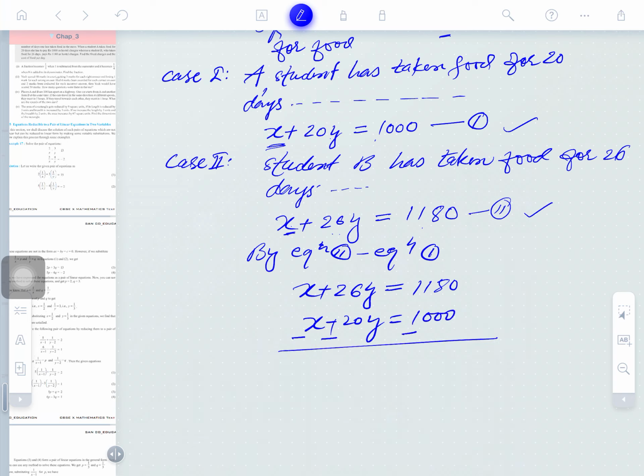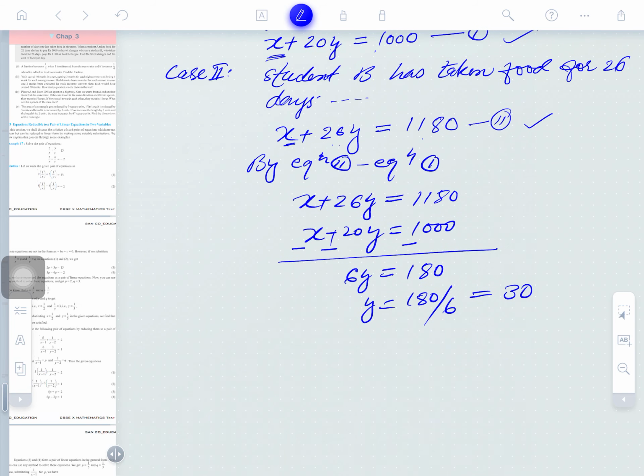Negative, negative and negative, so x cancels here. 6y will be there, equal to 180. So y is equal to 180 by 6. What will it be? 30. So y is coming rupees 30.